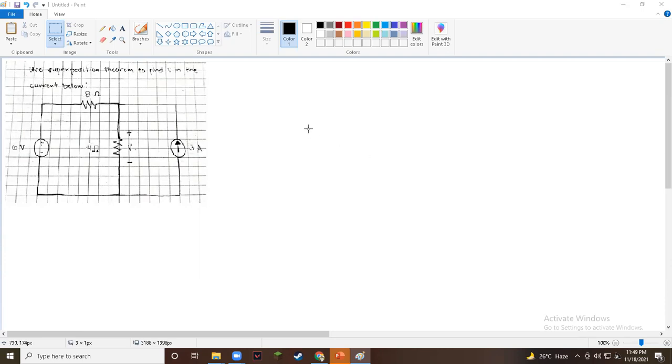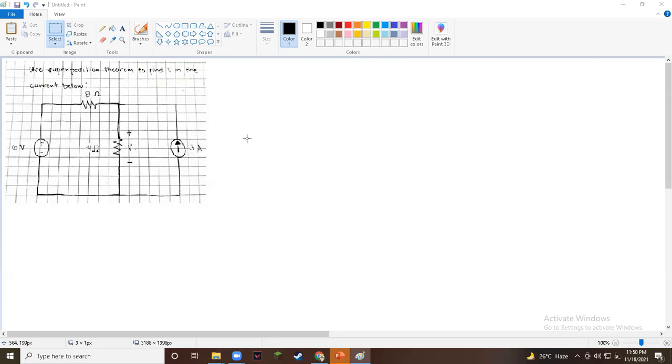So first thing first, one source at a time lang ang gagawin natin. I-off natin syempre yung dito sa ating graph. Let's first turn off ang ating 3 amperes to solve for 6 volts and vice versa.